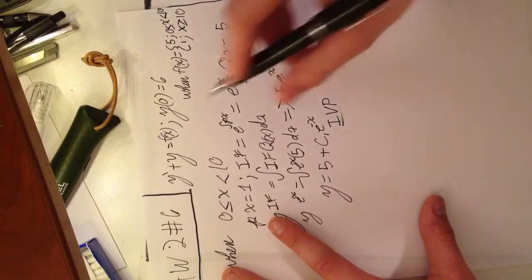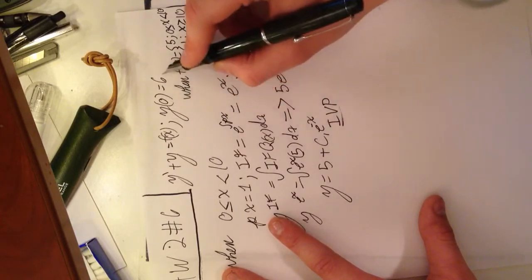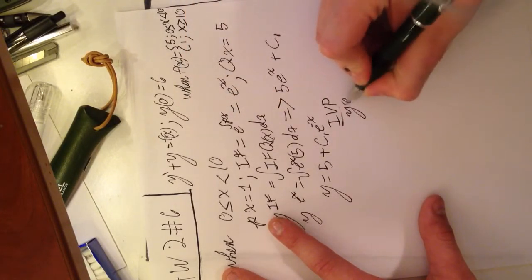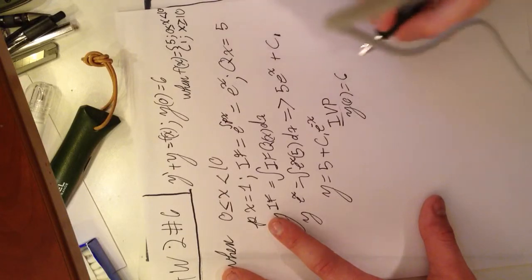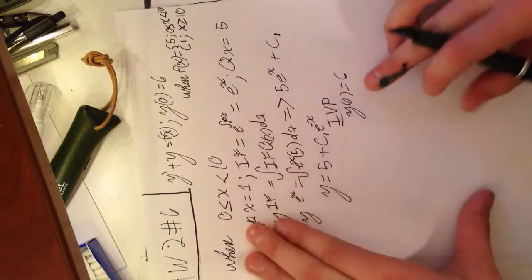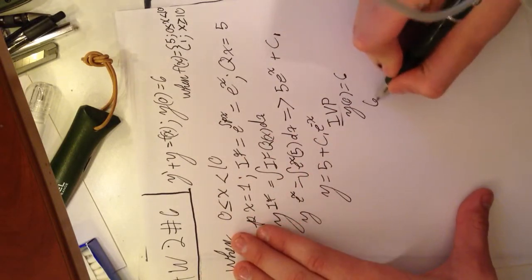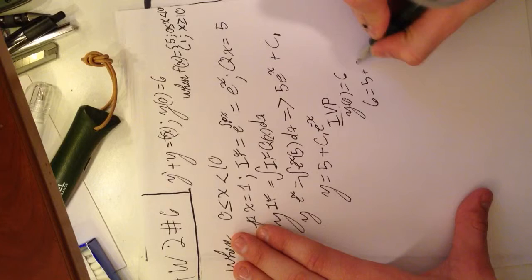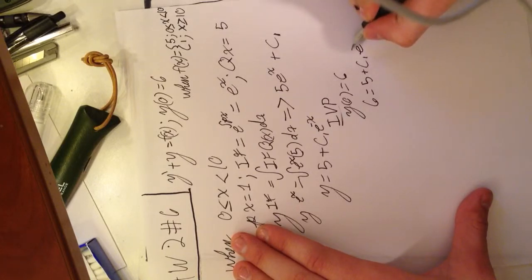Our IVP states y of 0 is equal to 6. So we plug our initial value into this equation, giving us 6 is equal to 5 plus c1 e to the negative 0 power.